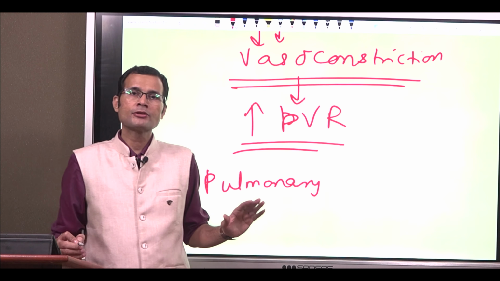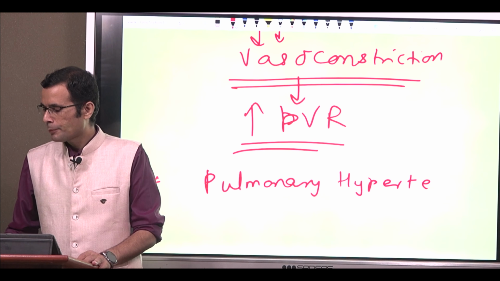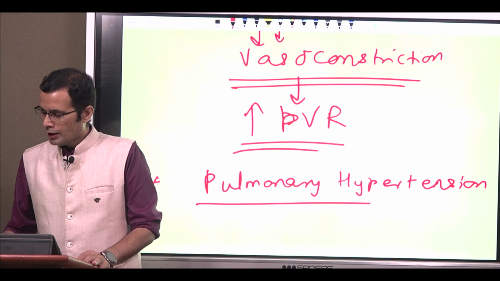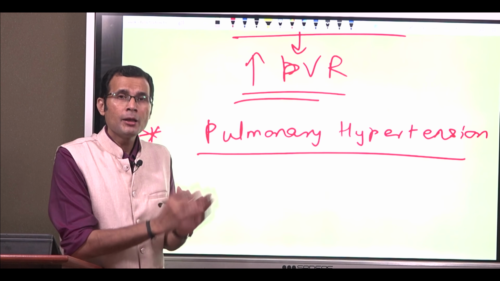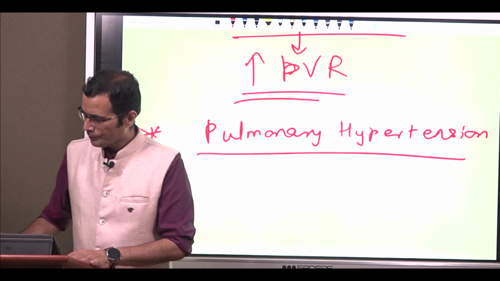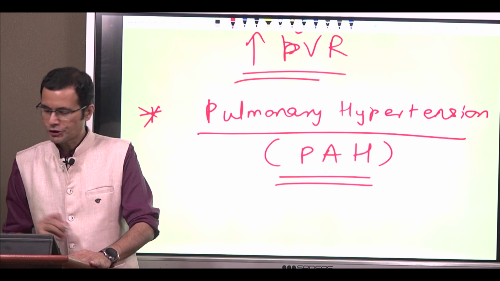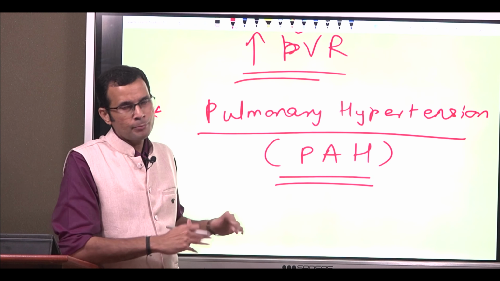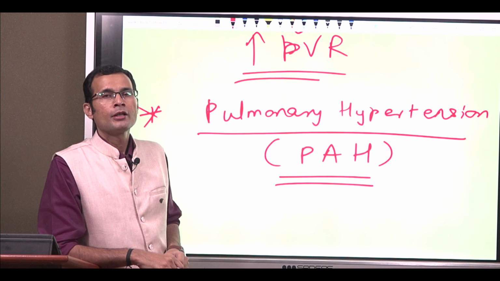Increased pulmonary vascular resistance will be called as pulmonary hypertension. Now, this pulmonary hypertension or increased pulmonary artery pressure, we can write it as pulmonary artery hypertension or simply pulmonary hypertension. This is of two types.